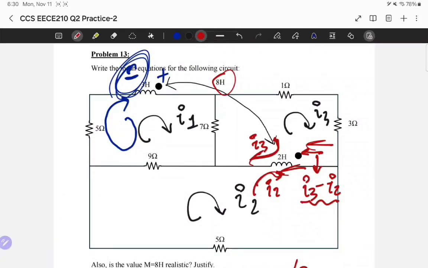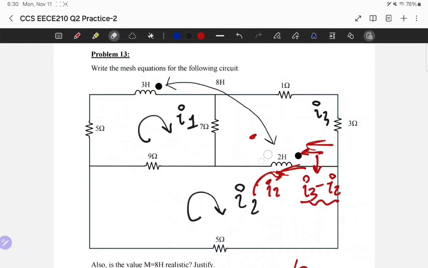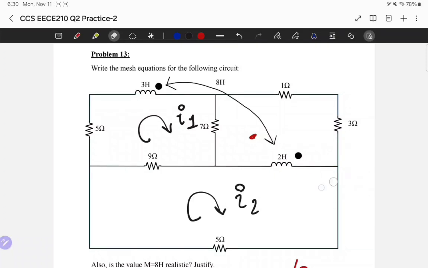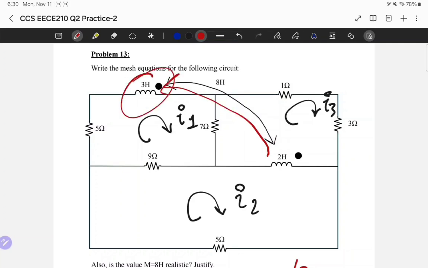Now, considering the mutual coupling, I can't forget that I have mutual coupling. Let me put back this I3. I have a mutual coupling, and I'm working across this 2 Henry inductor, so because I have mutual coupling, I go back and focus on the 3 Henry inductor.